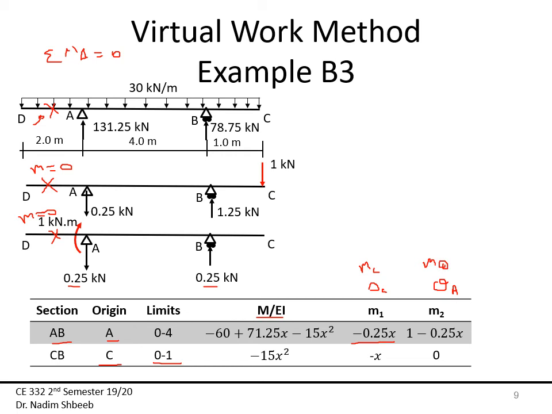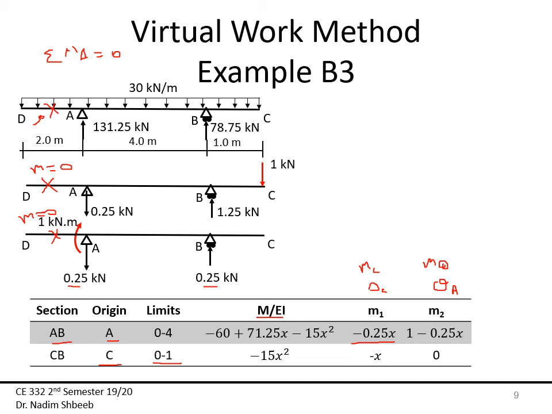So I'm going back with my terminology, this being M1, so this is minus 0.25x, and now this is because of the moment here is 1 minus 0.25x. If we go to section BC, here I have, again, the 1 kilonewton, and that will give me a moment of minus 1 times x. No force, moment is equal to 0.